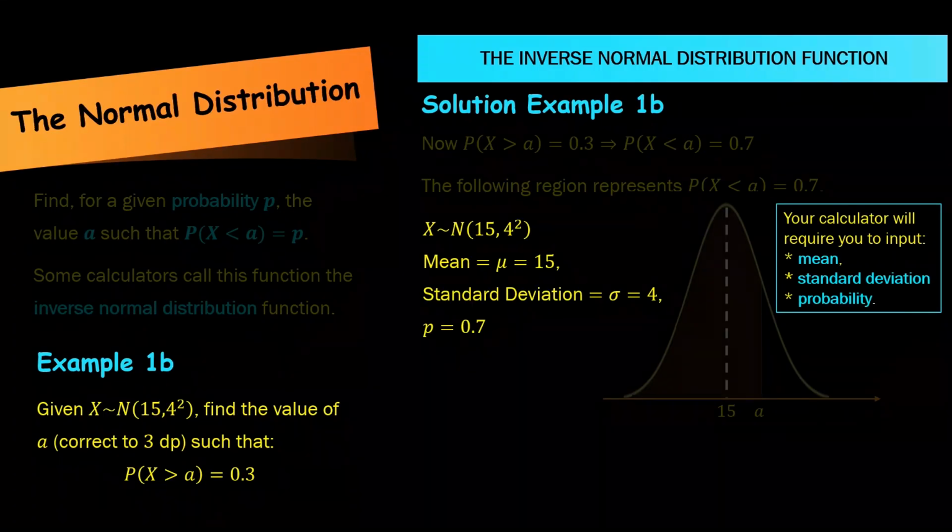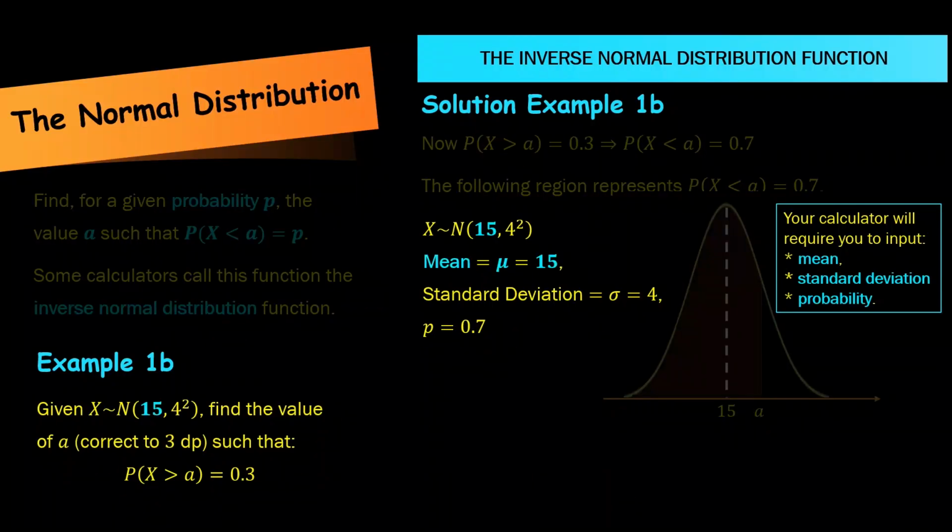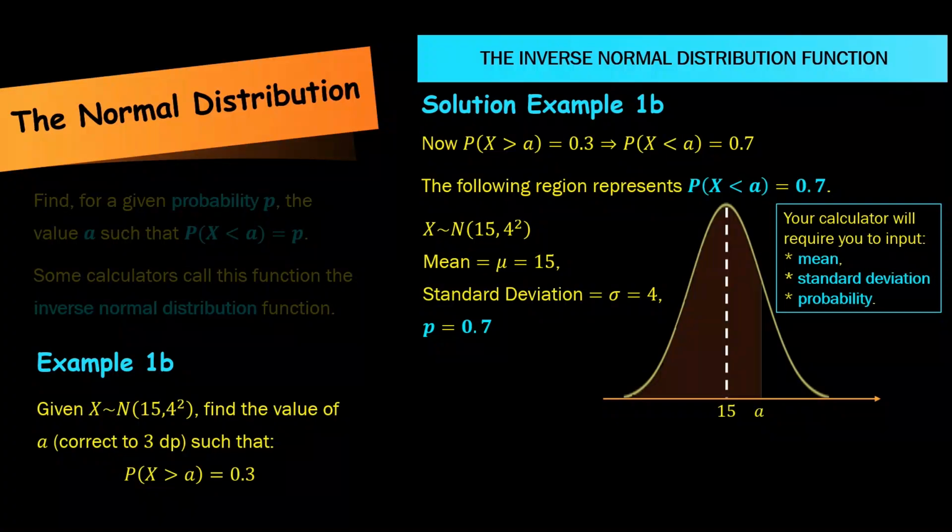Now we can get our calculator out and input the mean, the probability and the standard deviation to find this value of A. So our mean is equal to 15, standard deviation equals 4, and probability P is equal to 0.7.